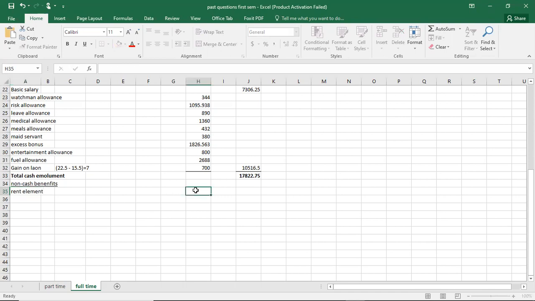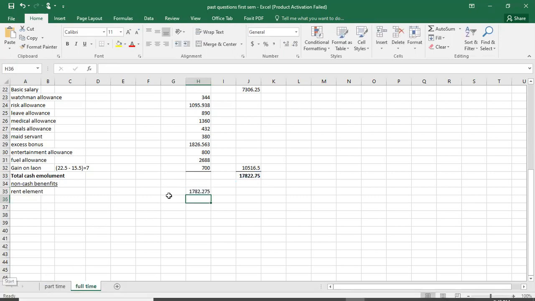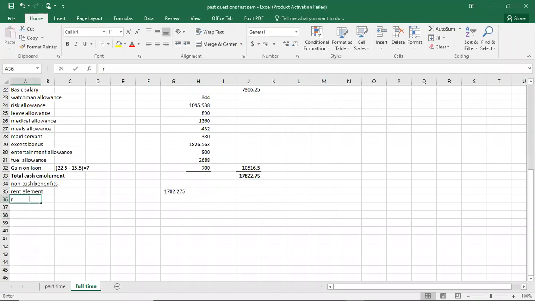So the fully furnished accommodation is 10% of the total cash emolument. This should be the answer you put there, but they say the man pays something. So rent deducted at source.